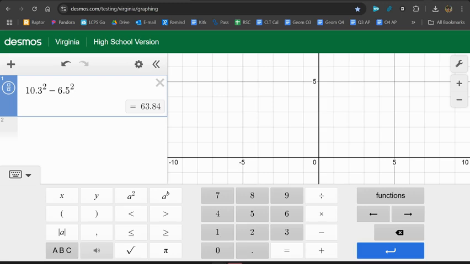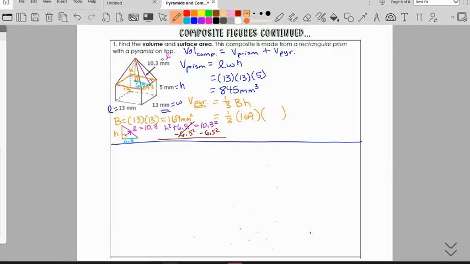If we're rounding, that's going to be 63.8, and that's going to be h squared.